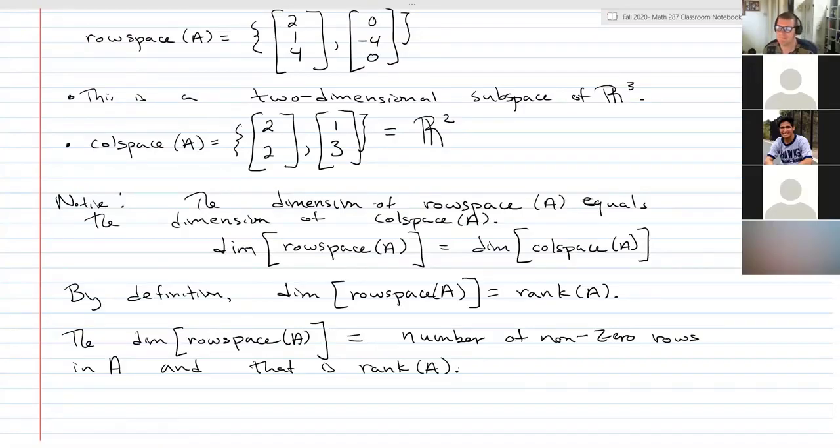Basically, those two numbers should be the same. The row space of A is the non-zero rows in the REF of A. The rank of A is the number of non-zero rows in the REF of A. Okay, there it is. Non-zero rows in REF A, excuse me.